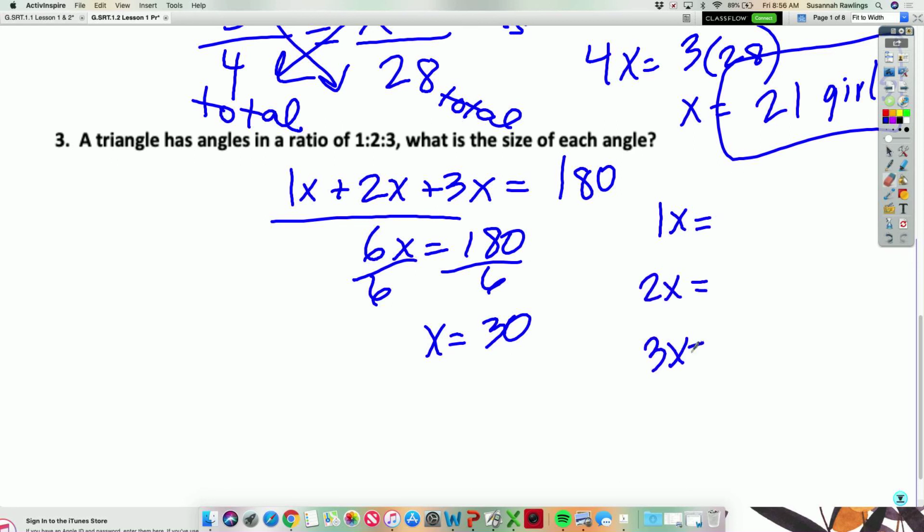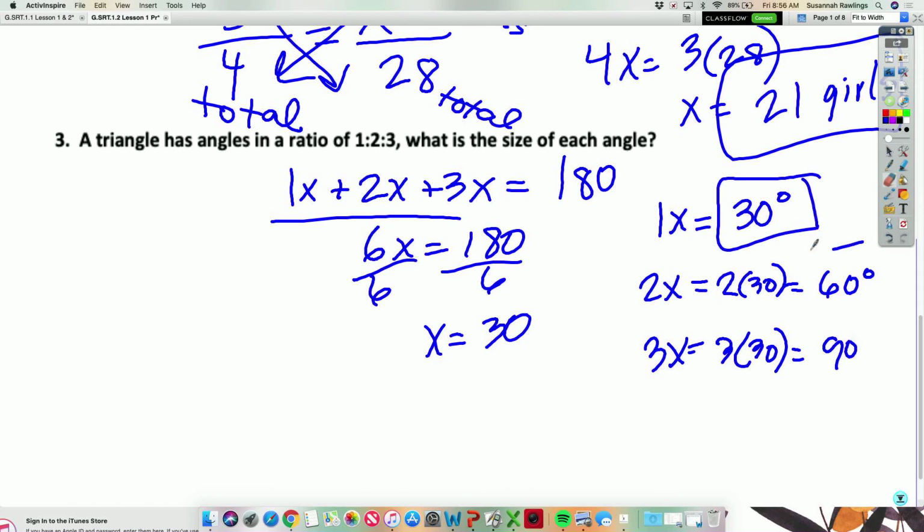So what am I going to do with that value of x? Plug it in. So 1 times 30 would give me 30. 2 times 30 would give me 60 degrees. 3 times 30 would give me 90 degrees. So if these are my three angles, someone raise their hand and describe this triangle. How would I classify this triangle? Mason, you want to go for it?